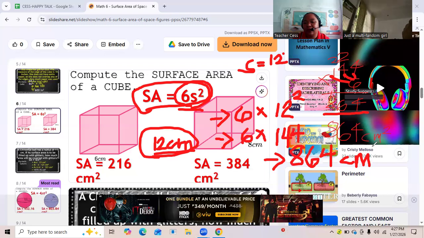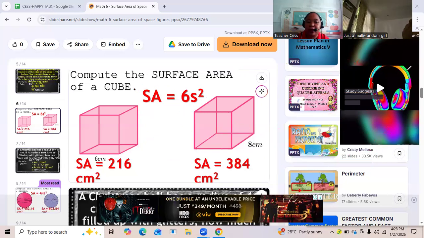Always remember that, always put the measuring unit. Do you have any question in getting the surface area of a cube? All right. So don't forget the formula: 6s squared. Just multiply 6 by the square of the side.